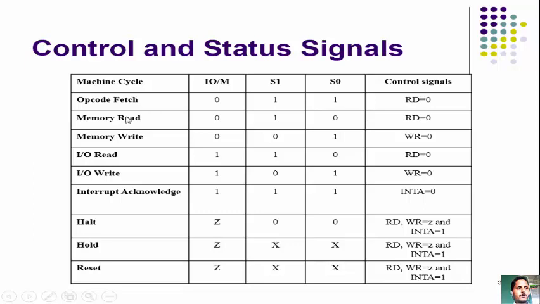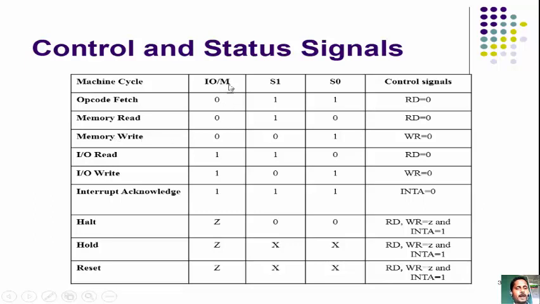Then suppose the processor is reading some data from the memory, so the next cycle, memory read: at that time IO/M bar is again 0, S1 is 1, S0 is 0, and RD bar is equal to 0, which indicates a memory reading operation. Opposite to this, the memory writing operation.